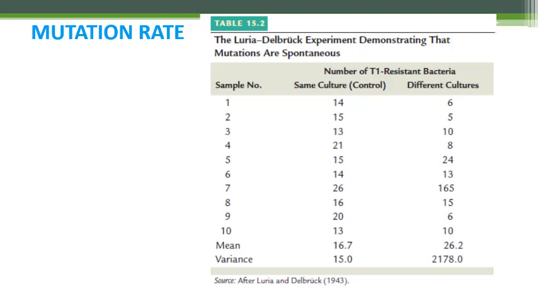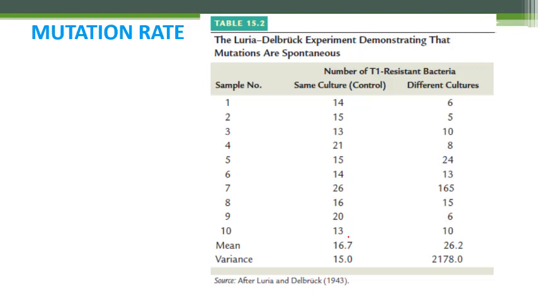The middle column, which says same culture control, shows the number of resistant colonies formed from the bacteria taken from the large flask, the homogeneous mixture. As you can see, from 1 to 10, the number of colonies is almost the same. There is a slight variation. We have the mean and the standard deviation at the bottom.